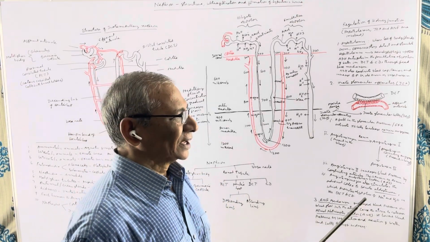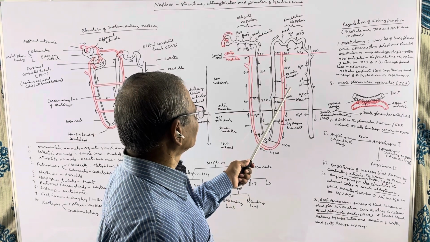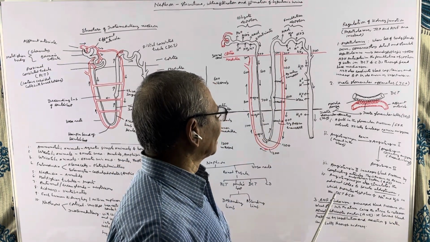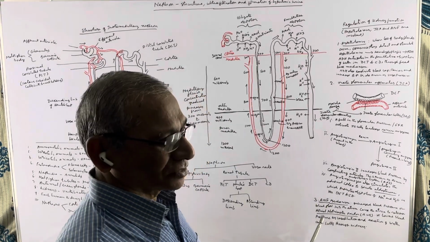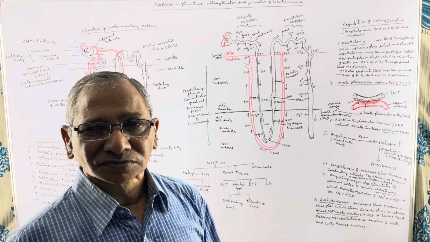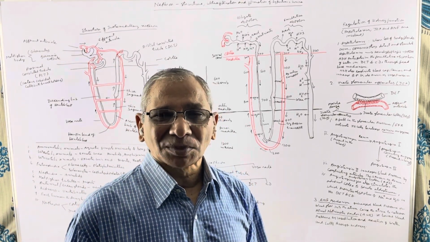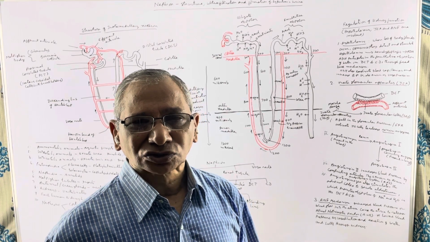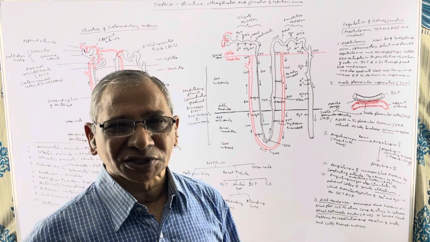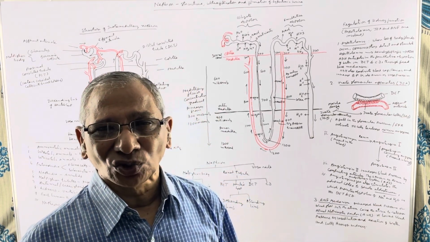In this way, by absorbing water from the urine in the kidney, ADH increases the blood pressure. ADH is also known as vasopressin. Vasopressin means compressing blood vessels. So the action of vasopressin is on the arterioles.